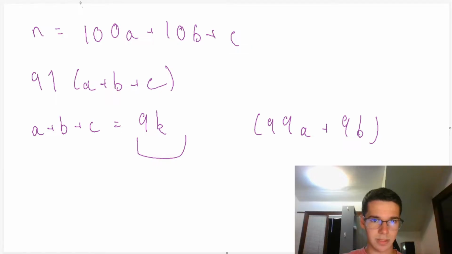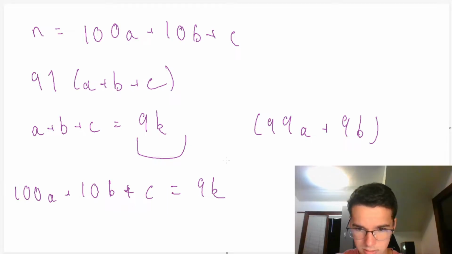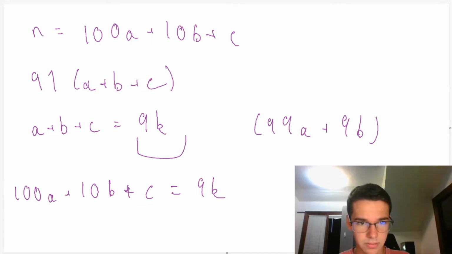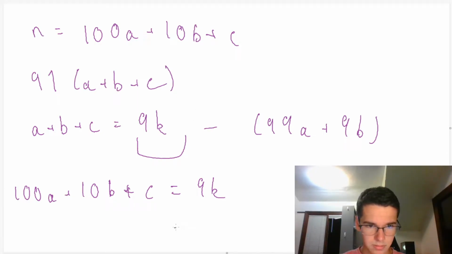So we are going to say, what is this? 100a plus 10b plus c is equal to 9k, and let's see, am I starting to get off screen? Almost. I'm going to squish the last part. So it's equal to 9k plus, and what is it?